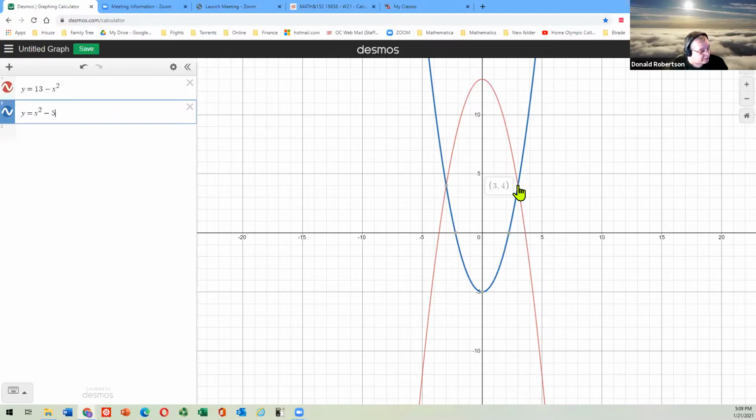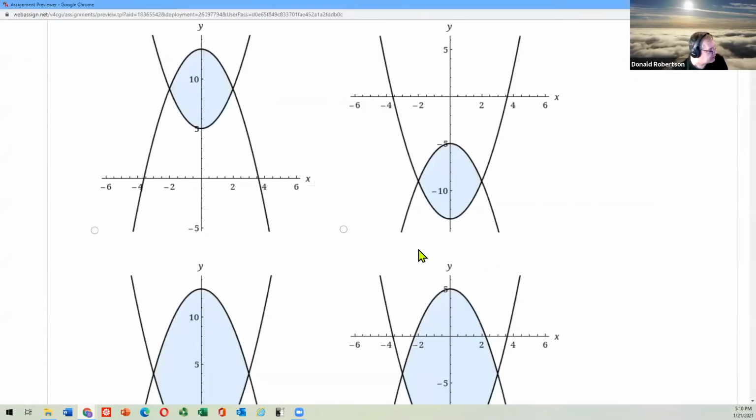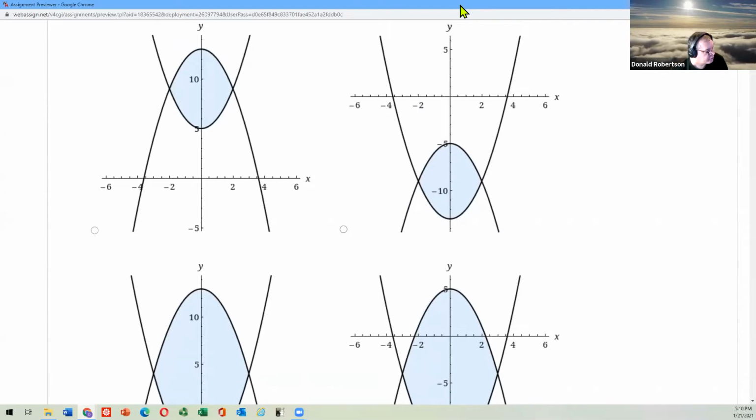Now, one of the pictures that we have in the homework, let me find it. One of the pictures in the homework looks a bit like that. You see it? So we want one that goes down to -5.